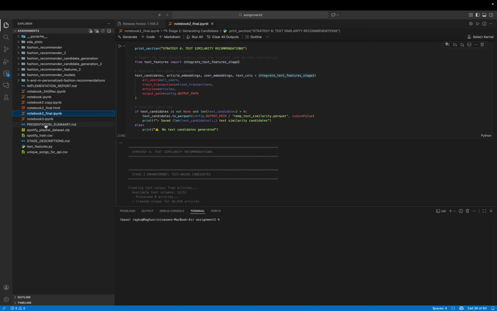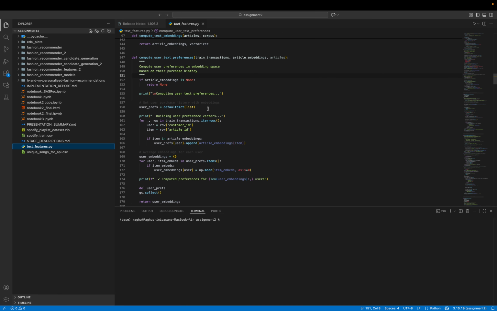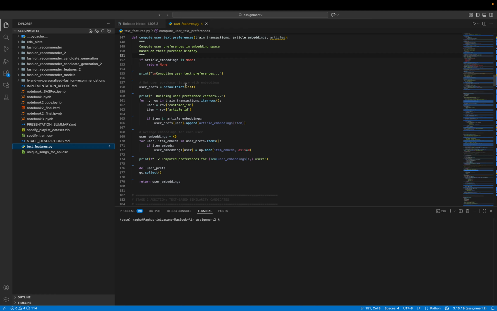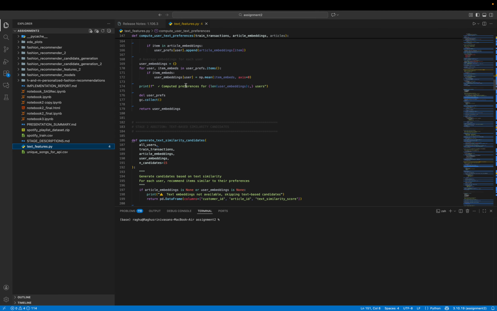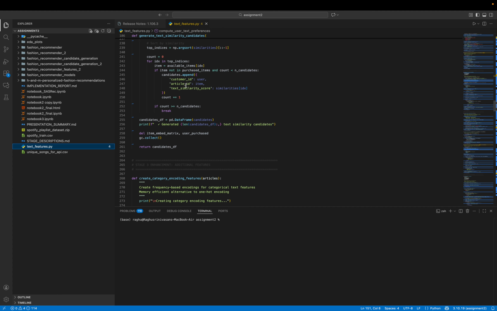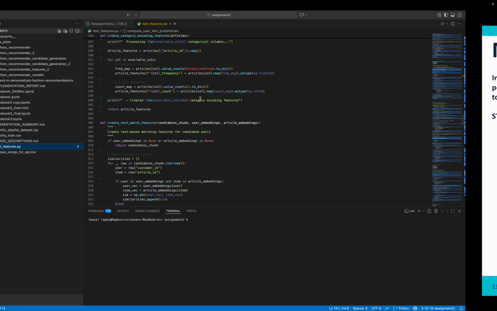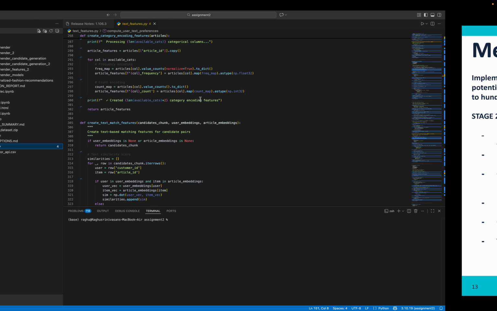The implementation of this is here, text features. So this computes the user text preferences using word2vec embeddings, similar to what we did in our previous homeworks and assignments.